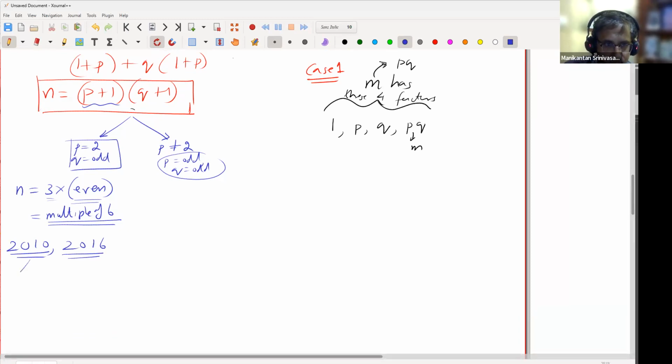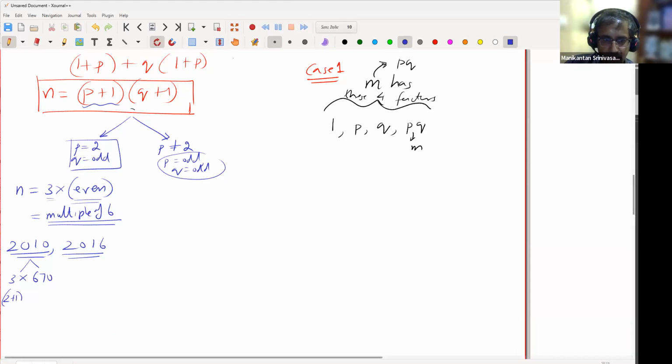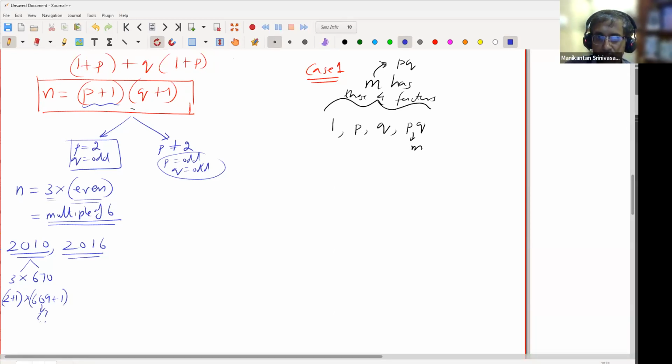Now, if 2010 has to satisfy this, it is 3 into 670, where this 3 is nothing but P plus 1, with P being 2. And is 669 prime? Clearly not. Therefore, we can rule out 2010 this way. Maybe from another way 2010 is possible, but from this way it's ruled out.